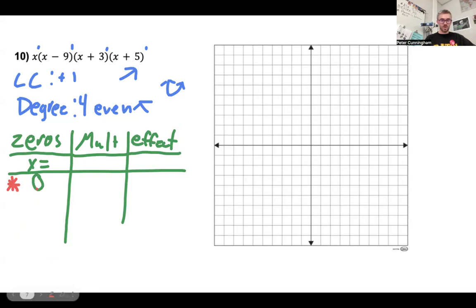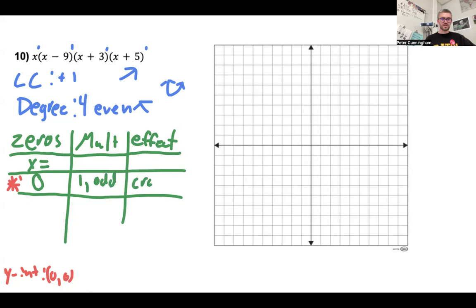Okay, because the origin is a y-intercept as well as an x-intercept. Y-intercept is 0, 0. So I'm skipping ahead there. All right, so what's going to happen at the origin? Well, it has a multiplicity of 1, which is odd. So I know that'll cross.